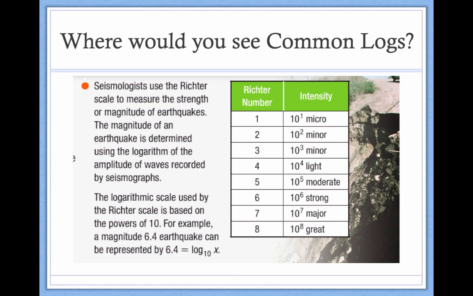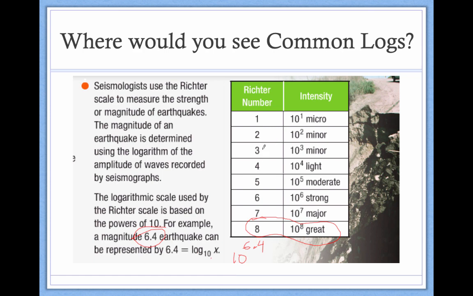So if we had a magnitude of 6.4, it's log base 10 of x, and the power of this earthquake would be 10 to the 6.4. That means that you can compare things. If one that's going to wreck the state of California measured 8 on the Richter scale, then the intensity or the power of it is 10 to the 8th.